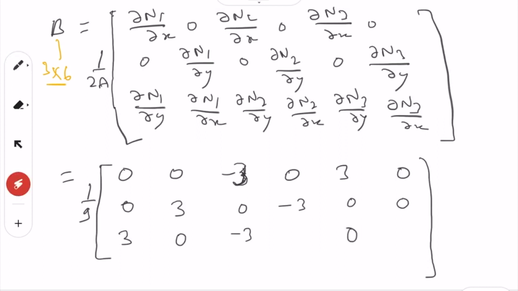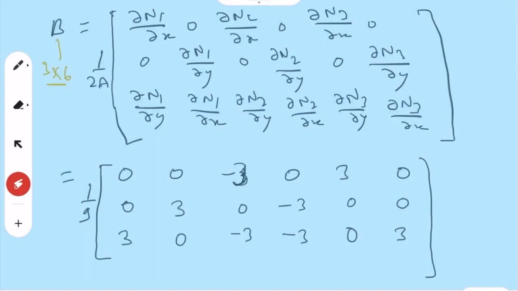Now this will come from here, so minus 3, okay, and 3. We are done. So this is what the value of B is. Now it is divided by 9, yeah, so here we have 3, so this will also simplify later. So the idea is that we have already got B. Now next is D.